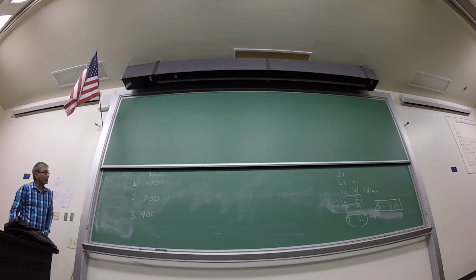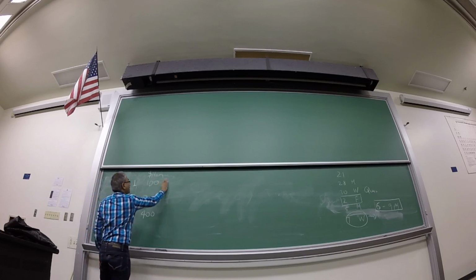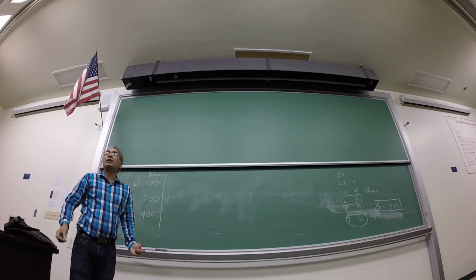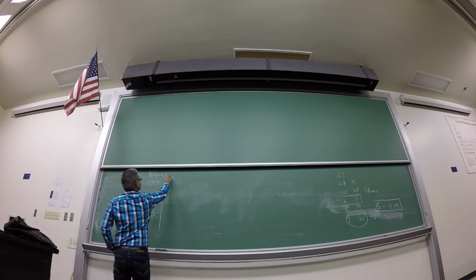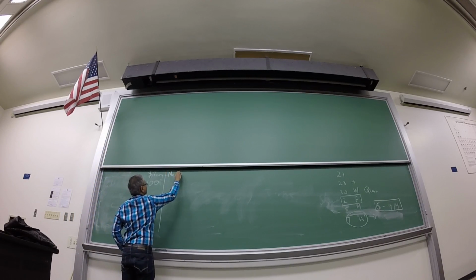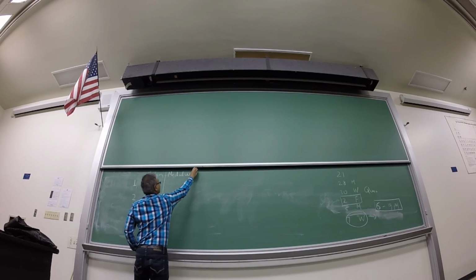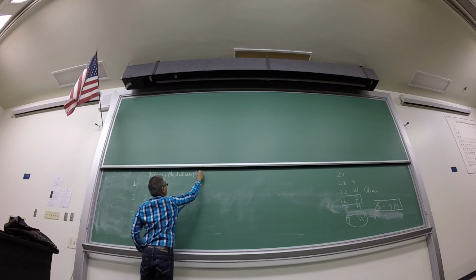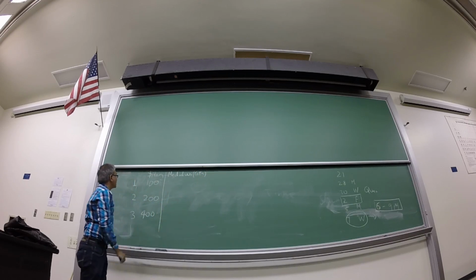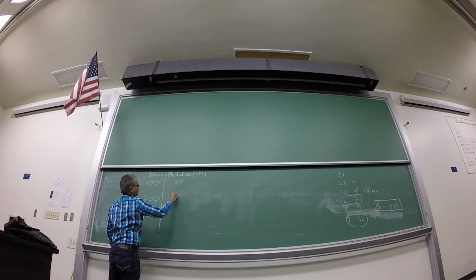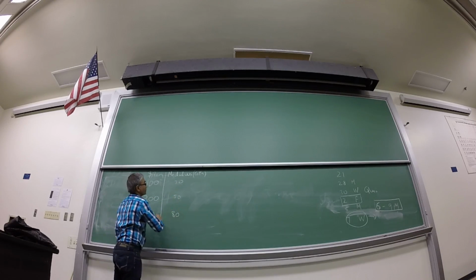And let's say these 3 different metals have different properties. So let's say they have different modulus, in gigapascal. Let's say this is 30, 50, and 80.